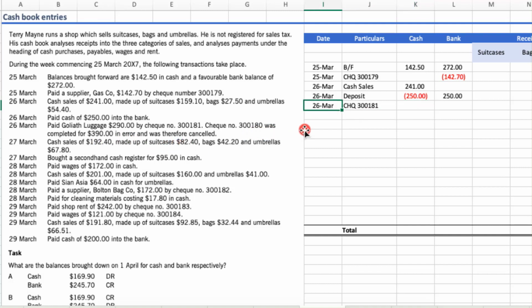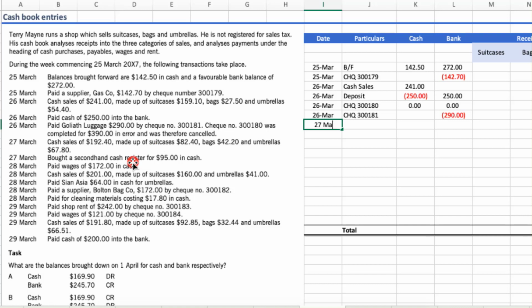So check number 300180 was cancelled, and we will write just 0 here because no payment is made. For check number 300181, we made a payment of $290 by check, so we will deduct it from the bank account. Both transactions are for 26th March.